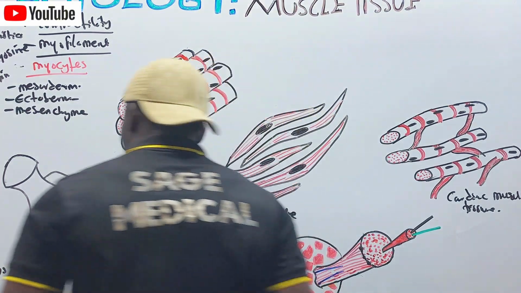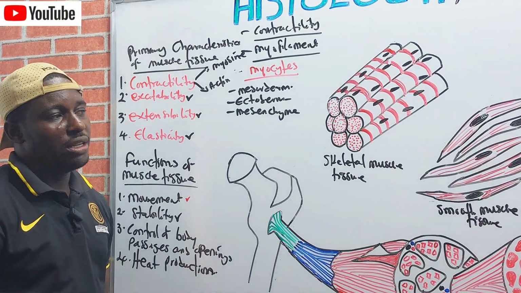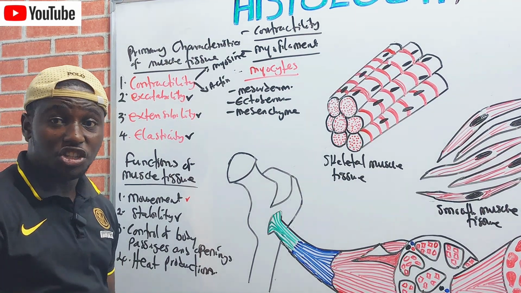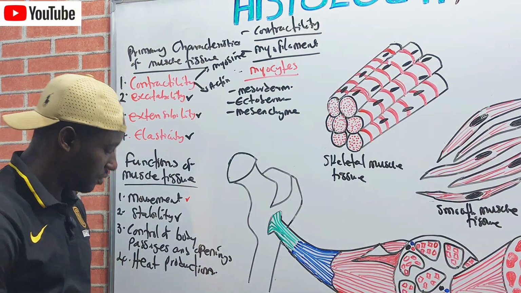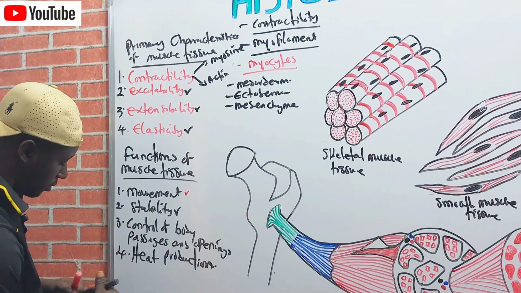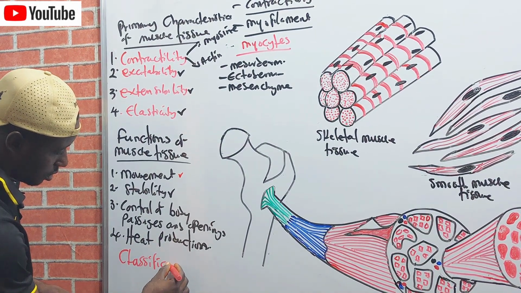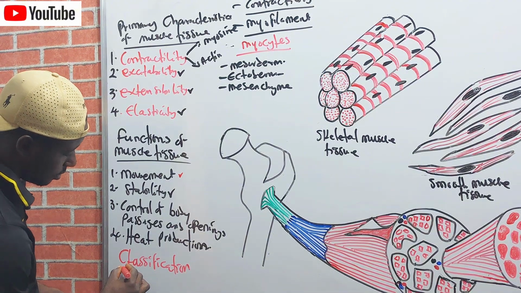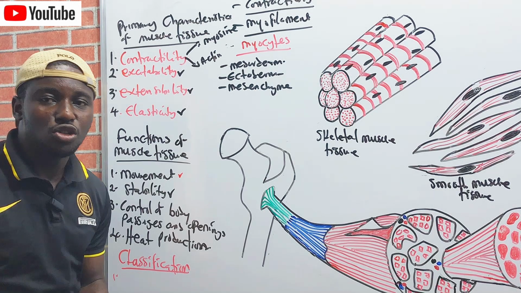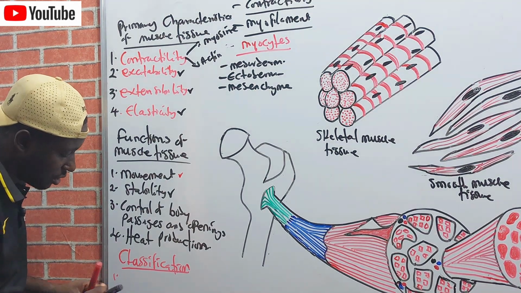Now, let's take a good look at another outline, which is the classification of muscle tissue. The muscle tissue is classified according to morphological and functional properties. Number one is skeletal muscle tissue.